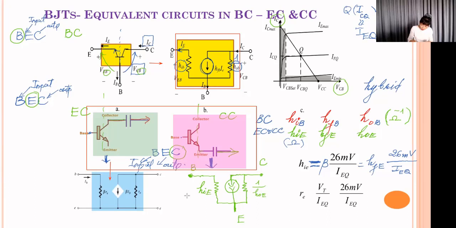And here this source depends on the input current for this circuit, and this source is equal to HFE multiplied by IB.